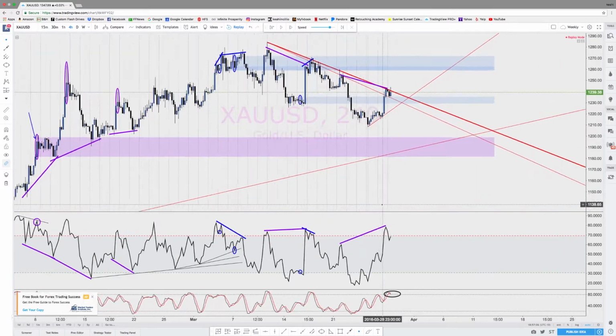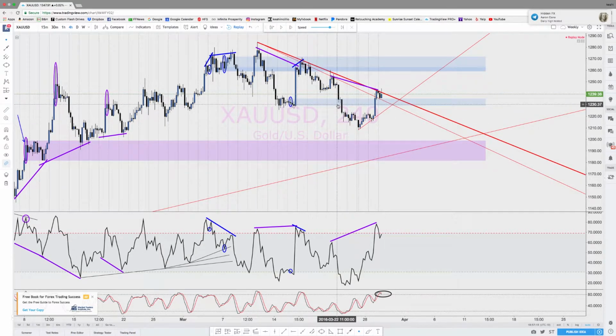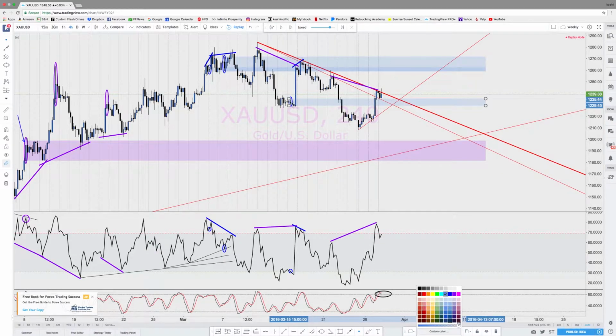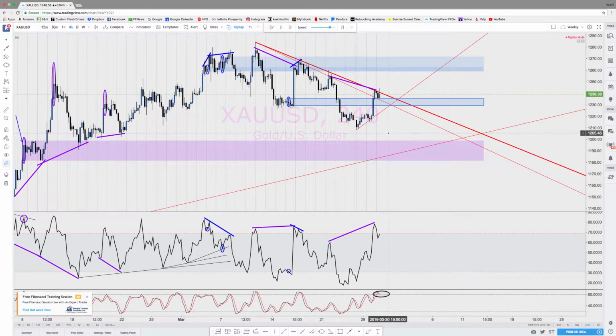This bearish trend line is still holding. The only thing is that price broke through this zone. Based on that, there is the possibility of more upside, but I think the bearish confirmations outweigh that bullish confirmation.